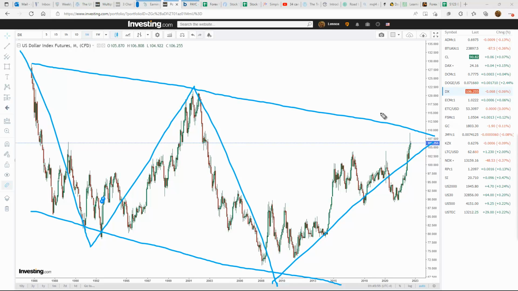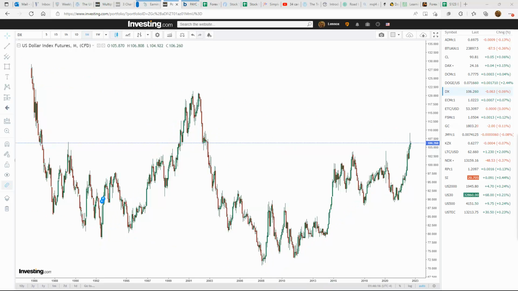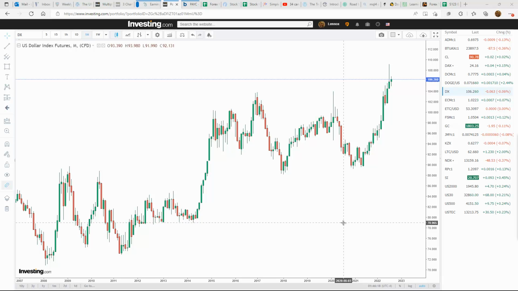Price is currently at a very strong area of previous support resistance right across the board. So we're getting into that area, and we could see some faltering of the US dollar in the next week, 2 weeks, 3 weeks, or thereabouts. That's the overall big picture of what I'm seeing.